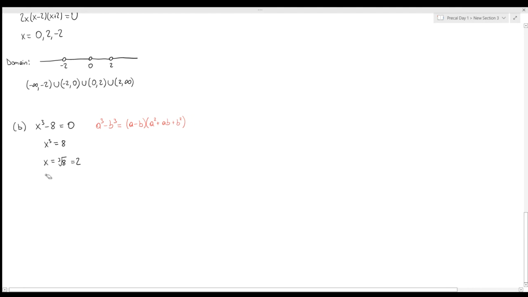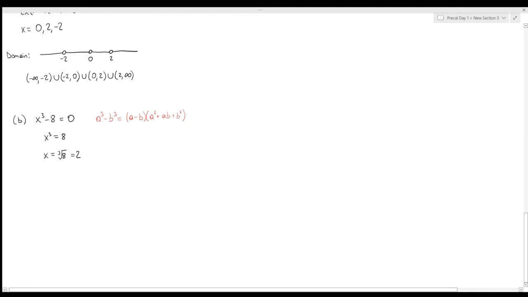So here we solved for where the numerator is 0, but be careful when you're doing this, okay? Because you need to take into account the domain of your function. So the numerator is 0 when x is 2. But earlier we saw that 2 is actually not in the domain of your function.